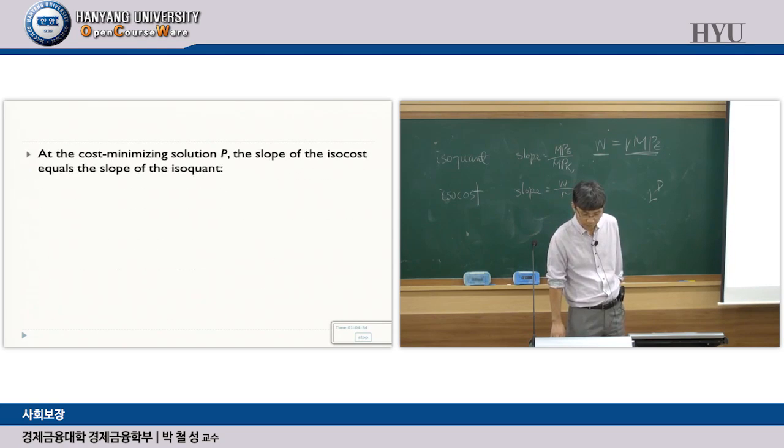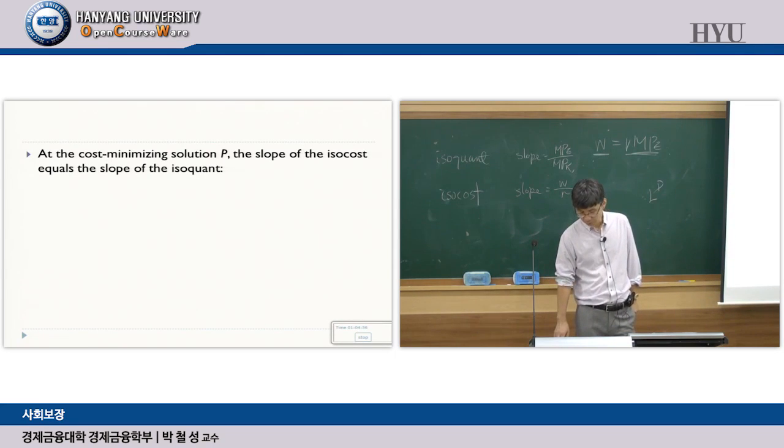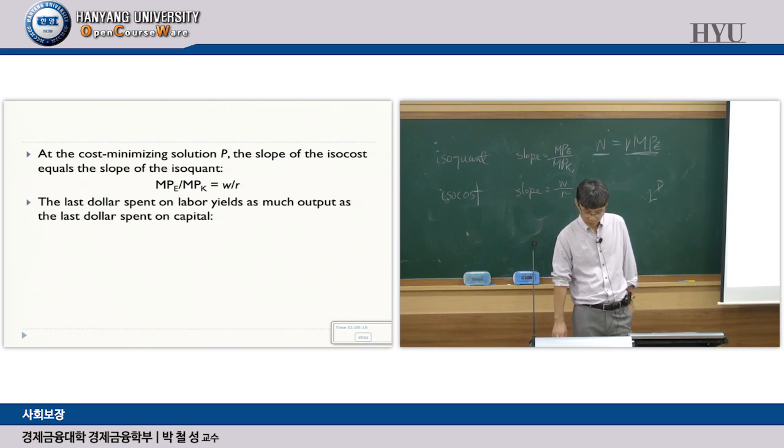So at the cost minimizing solution P, the slope of the isocost equals the slope of the isoquant, or MPL over MPK equals W over R. That is the cost minimizing combination.